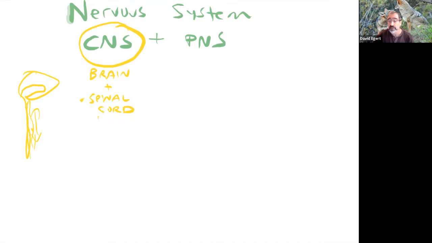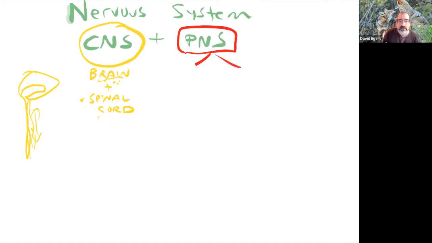That is being integrated just in the spinal cord. So the spinal cord is responsible for integrating some important reflexes that don't need the brain at all. The brain obviously has a lot more going on, but the spinal cord is more than just a cable.